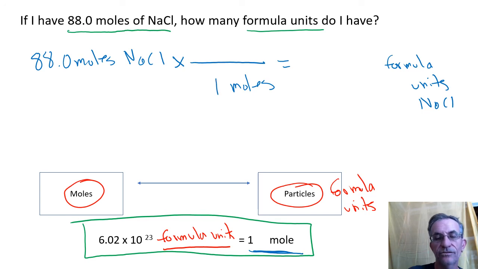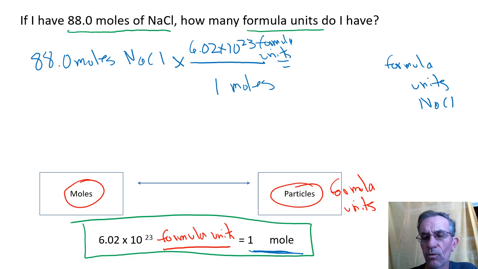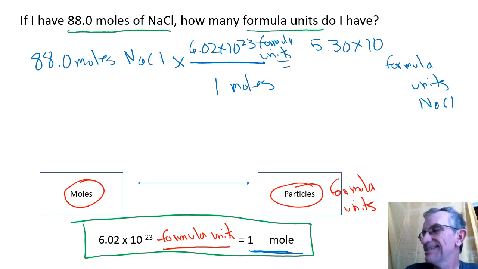Then Avogadro's number goes on top. 6.02 times 10 to the 23. It should look like that. Formula units. Should have left a little more room there. All right. Well, if you work it out, 88.0 times 6.02 EE 23, you should be getting this. You would have 5.30 times 10 to the, what I get, 25 formula units.